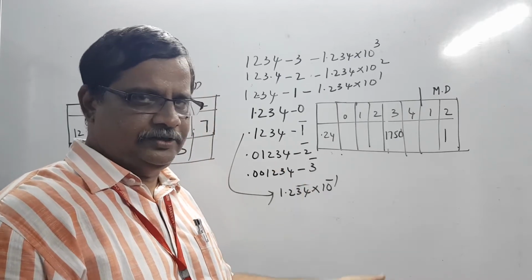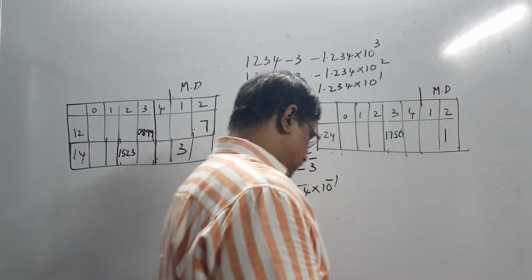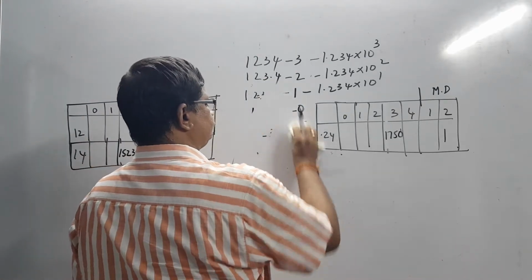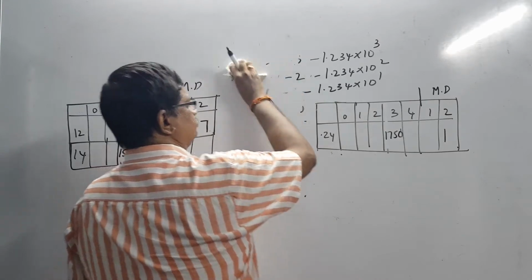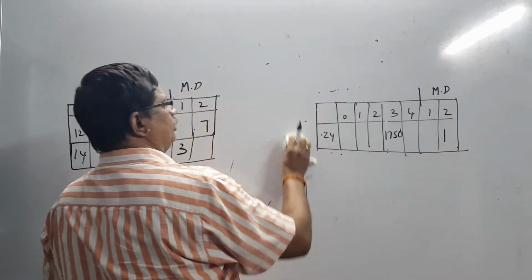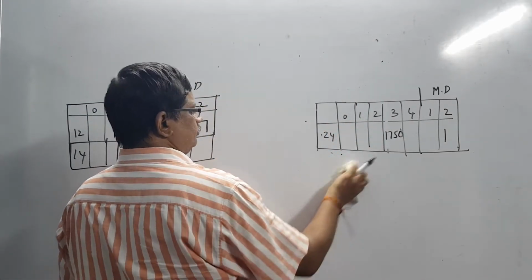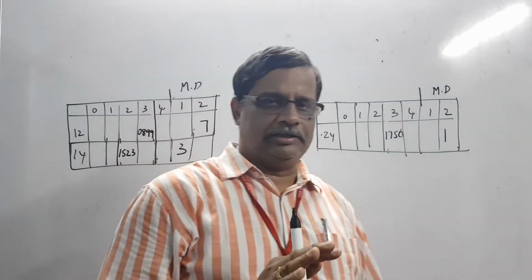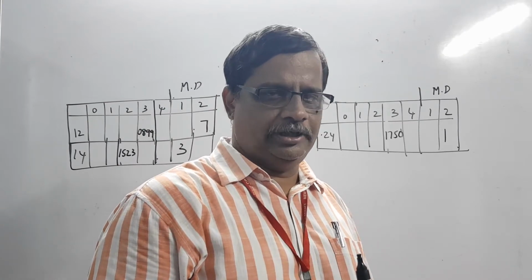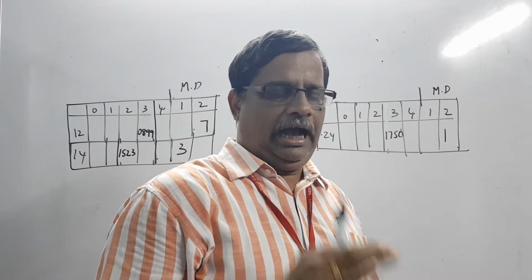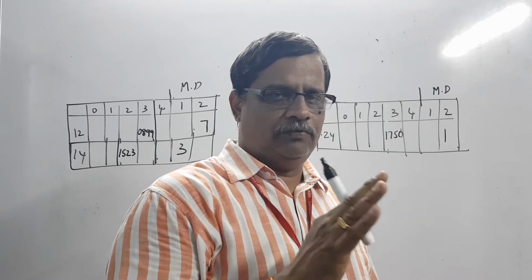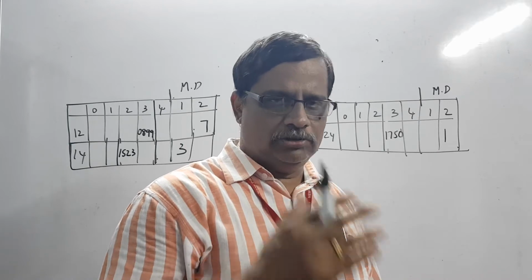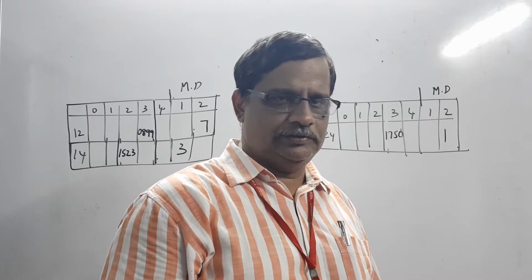Now let us look at the Mandisa part. In order to look at the Mandisa part, we need the help of the logarithm table. So I have written the logarithm and also the anti-logarithm here. We will do a simple mathematical operation, and through that I will show you how the logarithm of a number can be determined by using the logarithm table, and how the mathematical operation will give you the desired result.